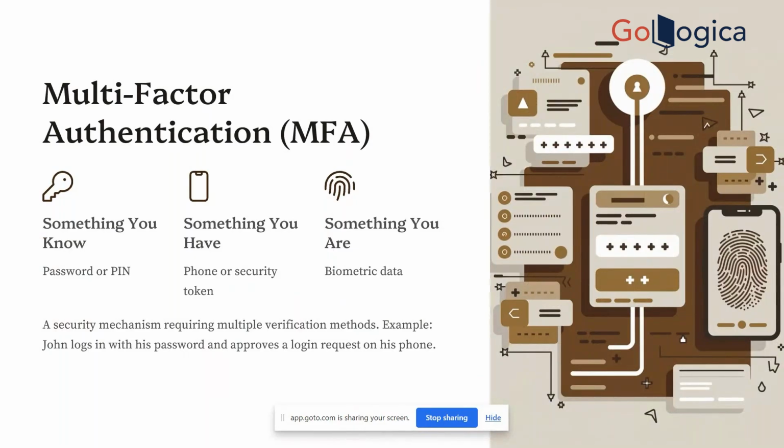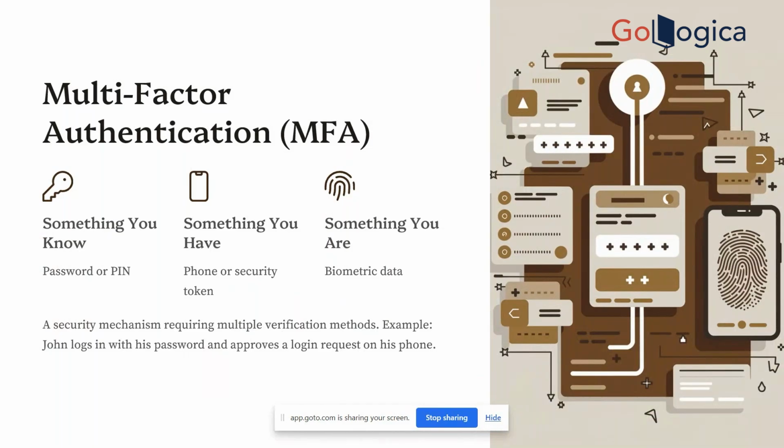Okay. What is multi-factor now? Multi-factor means a double layer, a second layer of authenticating or verifying the person, verifying himself for any kind of activity he is performing. So something you know, which means you know your password, you know your PIN on your mobile, correct? Something you have, like your phone or a security token, correct?